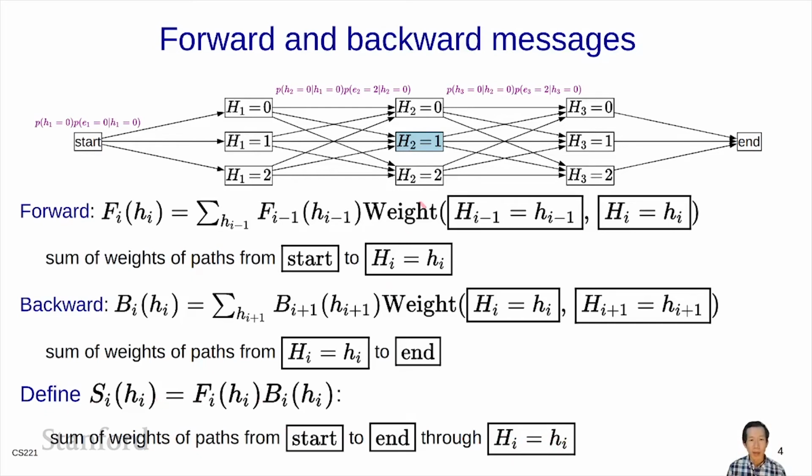So for example, if I'm looking at this node again, F_i is looking at all the ways to go from start to this node, and then B_i is looking at all the ways to go from this node to the end. If I multiply those two quantities together, then I get all the paths from start that go through this node to the end.